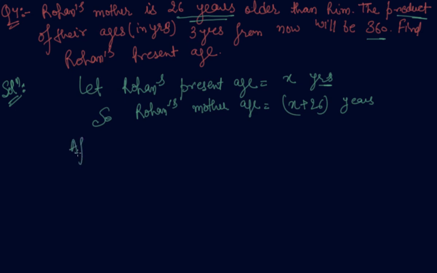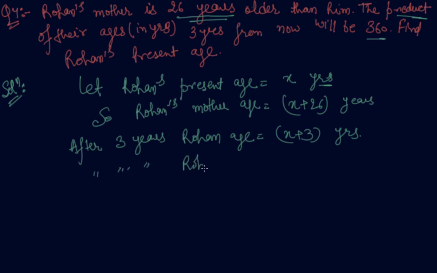So after 3 years Rohan's age will be x plus 3 years. Okay, and after 3 years Rohan's mother's age will be x plus 26 plus 3 years.